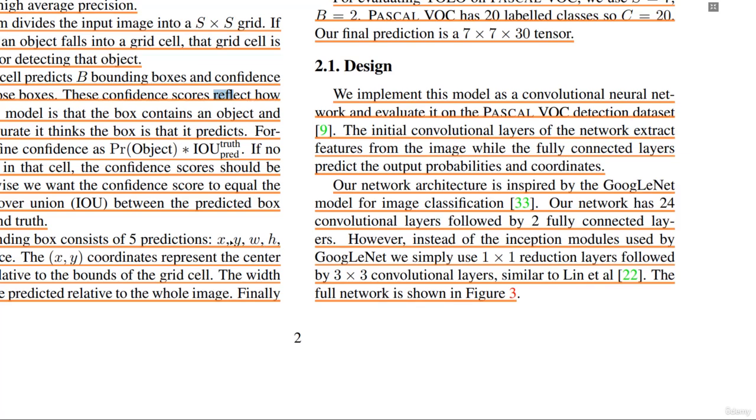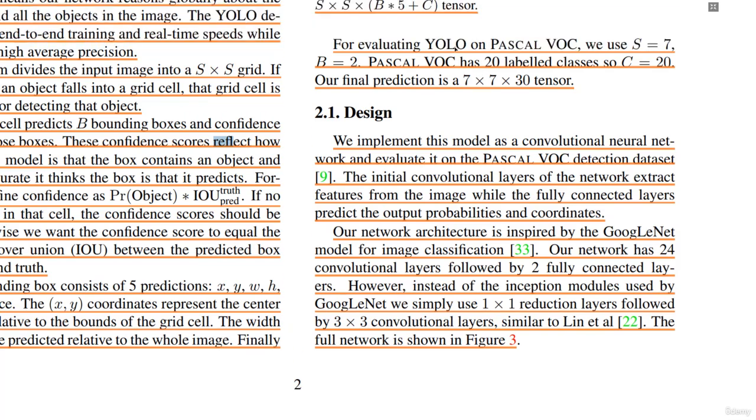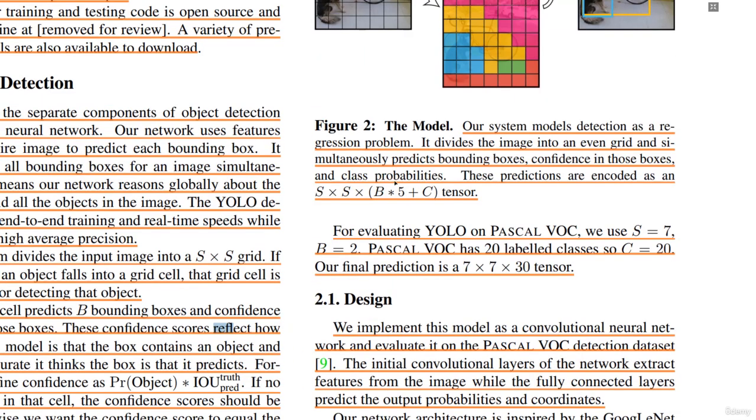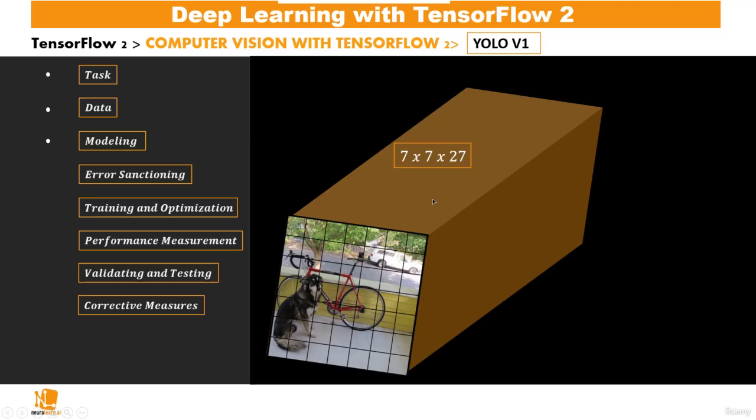So that's how we have 5. This is 1, 2, 3, 4, 5. Those 5 scores make up this 5 we have right here. And then all of this is times the number of predictions. In this case, we've chosen to work with 2 predictions, and then plus C. C is actually the 20 different classes.